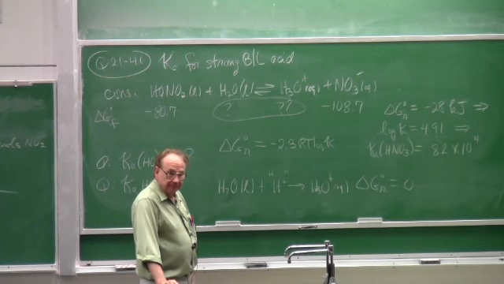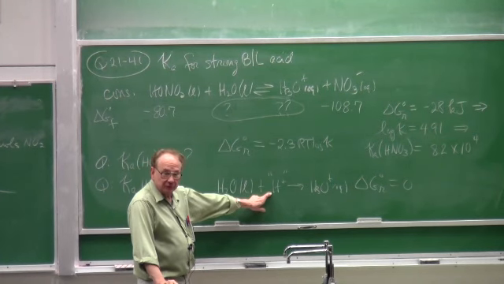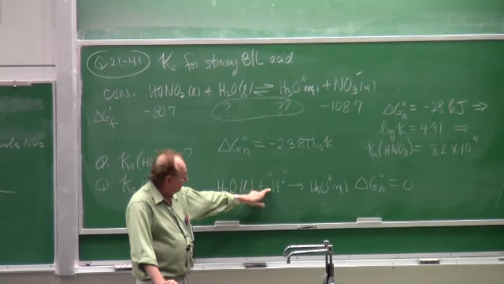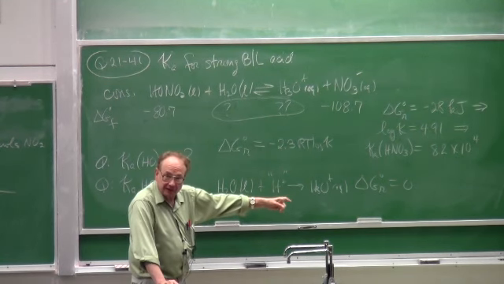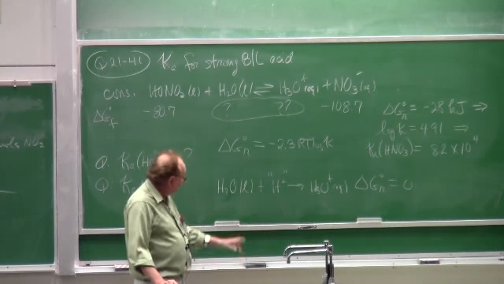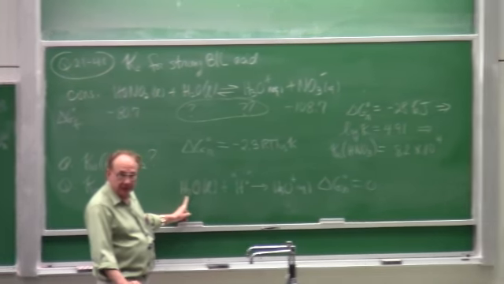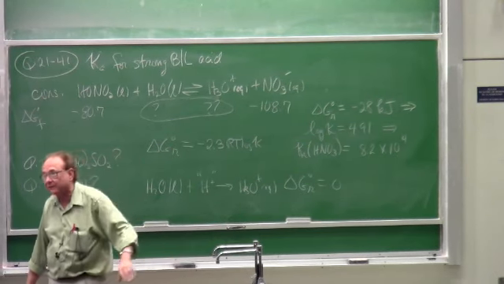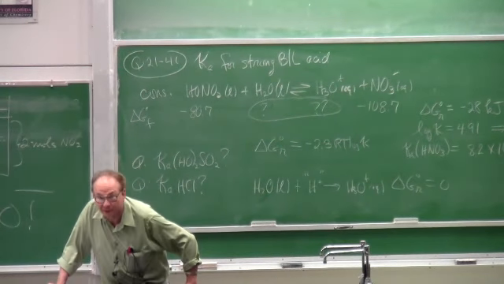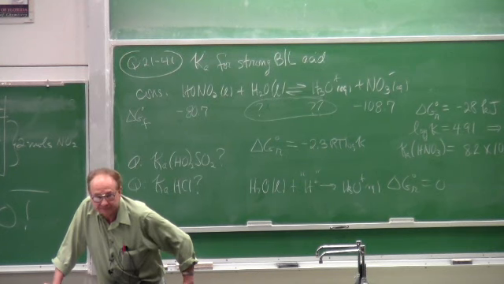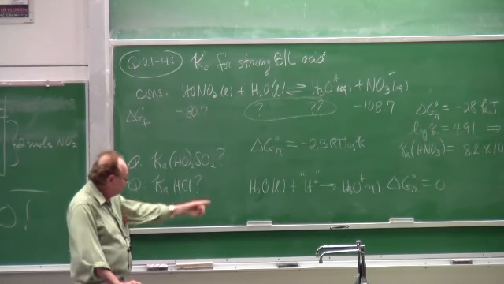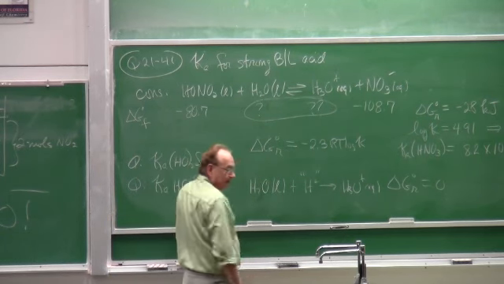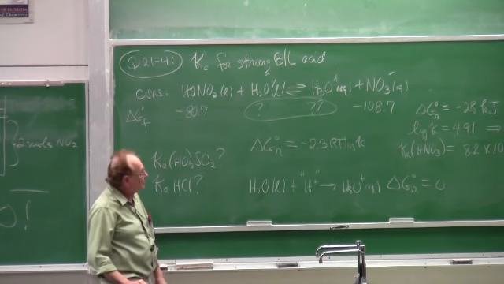Well, since I know delta G sub F super 0 for this thing is by definition 0, the only way delta G sub R super 0 for this reaction can be 0 is if the thermodynamic properties for this thing and the thermodynamic properties for this thing compare how? They're equal. So in case you forgot that, that's why I made this point. So I don't need this stuff. That falls out in the wash when I apply Hess's law.